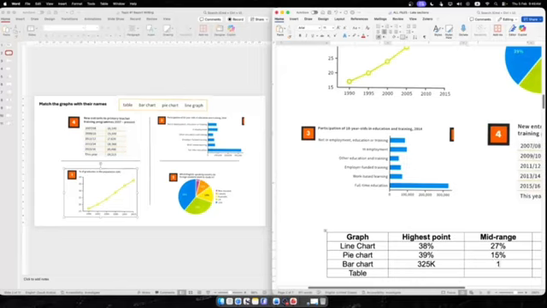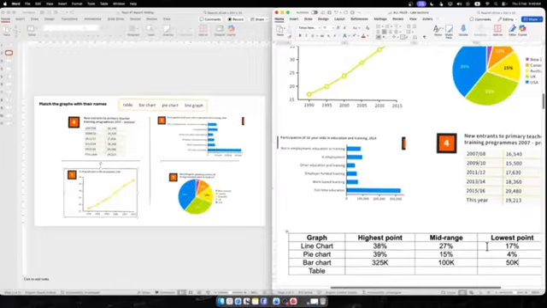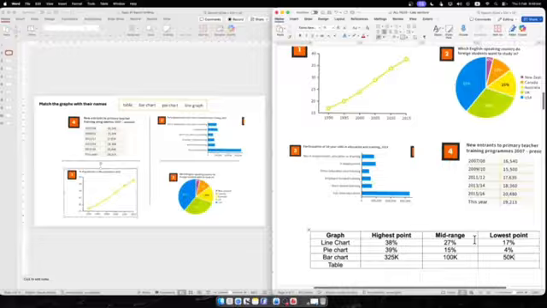Okay, so let's say 100K. And of course, the lowest one, the smallest data here is other education and training. So we'll say it's 50. Sorry, it's 15,000, 50,000. Okay.